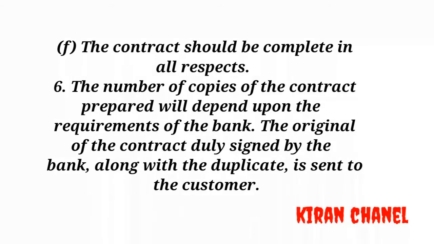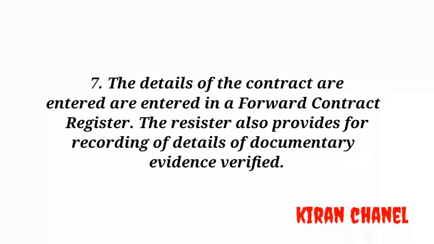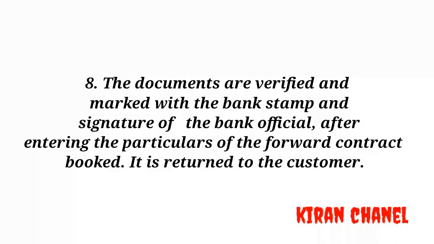The original of the contract, duly signed by the bank, along with the duplicate is sent to the customer. Number 7. The details of the contract are entered in a forward contract register. The register also provides for recording details of documentary evidence verified. Number 8.